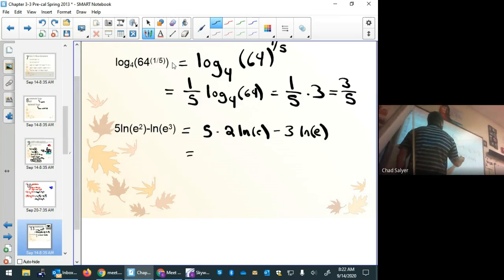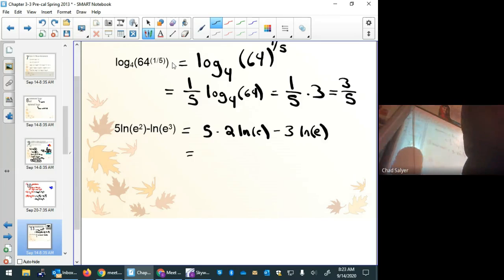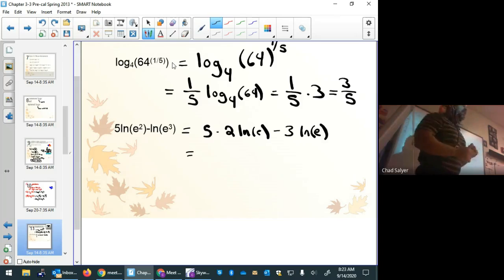So the natural log of e, what power do I put on e to get e to the first power? Don't overthink it. The natural log of e, when the argument is the same as the base, what's the result?